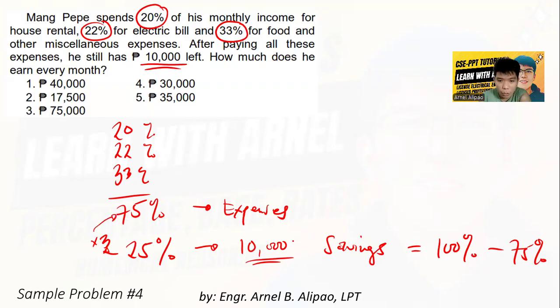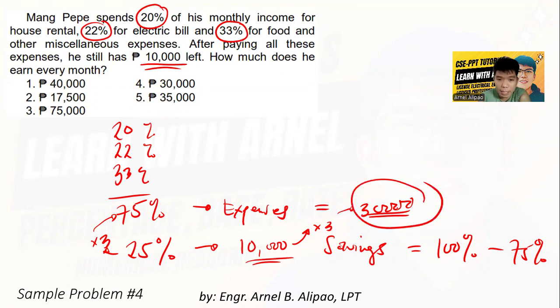So meaning, we also have to multiply this by 3 so that it gives us the expenses of 30,000. This is the expenses. So now, how much does he earn every month? So the total expenses plus the savings, 30,000 plus 10,000, the answer is 40,000.